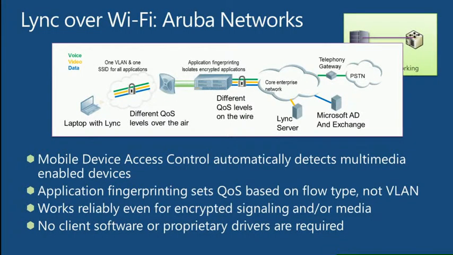By the nature of the way RTP traffic is set up, they can identify that this is a Lync audio call versus a Lync video call, which they typically wouldn't be able to do because all of our signaling and all of our media is encrypted, and they wouldn't be able to tell what's going on inside that encrypted message. So they use some heuristics to tell the difference between data, audio, or video, and then prioritize appropriately.